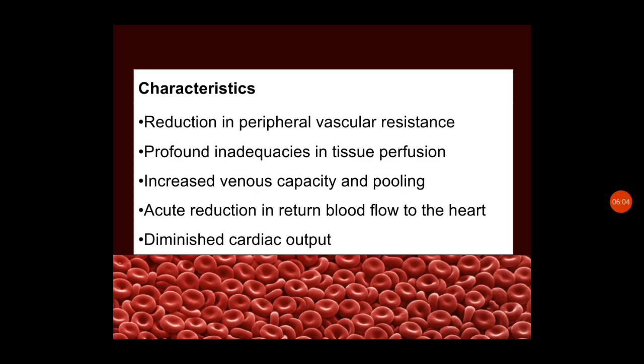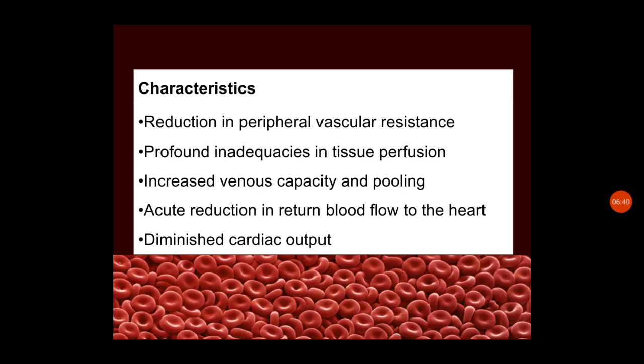The characteristics of distributive shock include reduction in peripheral vascular resistance, so the backward flow will be reduced, and profound inadequacies in tissue perfusion. Capillary perfusion will be lost, with increased venous capacity and pooling. In the extremities there will be edema formation or pooling of blood, acute reduction in return blood flow to the heart, and diminished cardiac output.